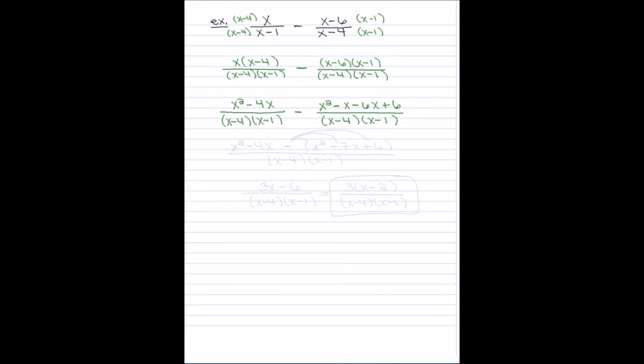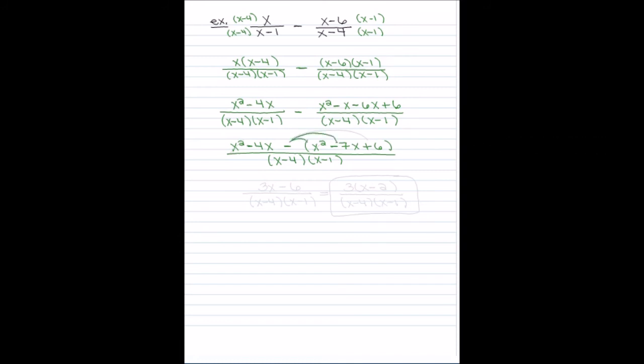I can finally subtract across the top. So what I'm going to do is rewrite everything so it's all together in one fraction. So I have x squared minus 4x minus, notice how I put the second numerator in parentheses. And the reason why I'm doing that is to make sure that negative sign is distributed to each term in that second polynomial.